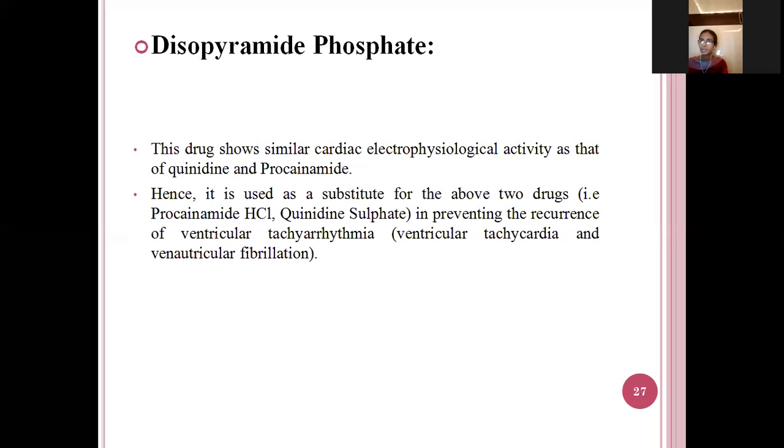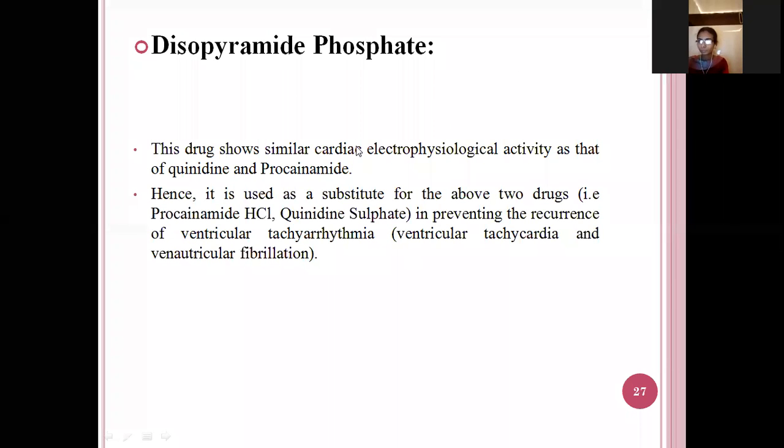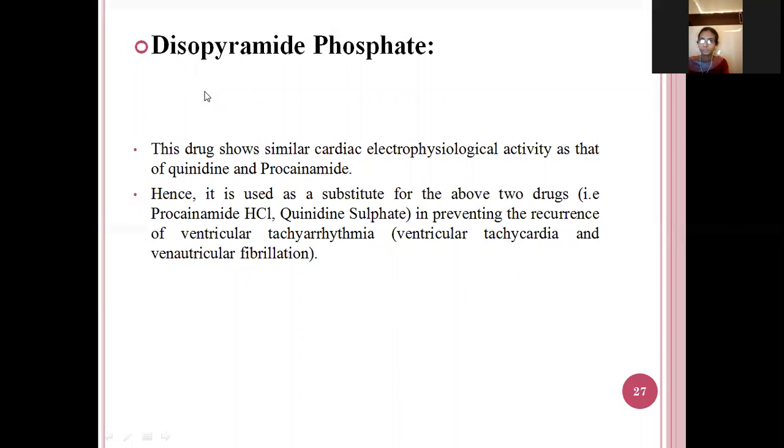Next drug name is disopyramide phosphate. So this drug shows a similar cardiac electrophysiological activity as the quinidine and procainamide drugs show.